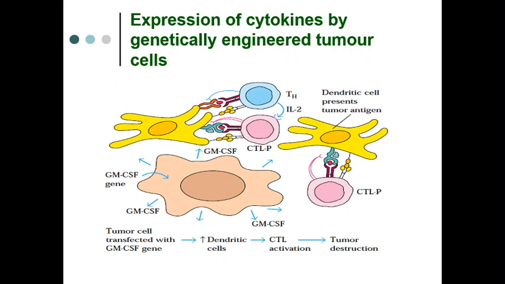Here, the tumor cells are harvested from the patient, genetically modified in vitro using the GM-CSF gene, and then given back to the patient. Therefore, it is called an ex-vivo approach, and that will be responsible for enhancing the immune response against the tumor. It is a kind of suicidal response, in the sense that the tumor cells themselves become responsible for triggering the immune response, and they are going to be killed.